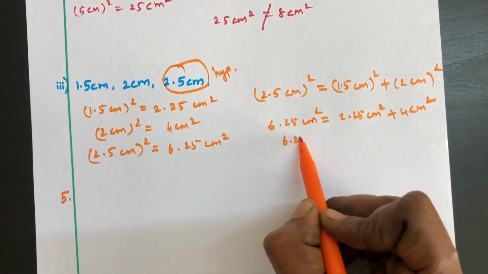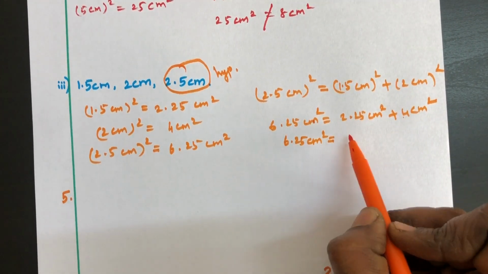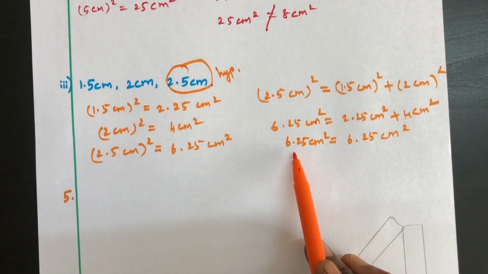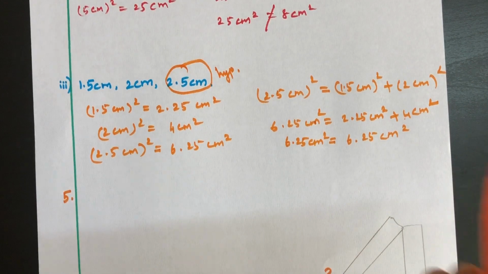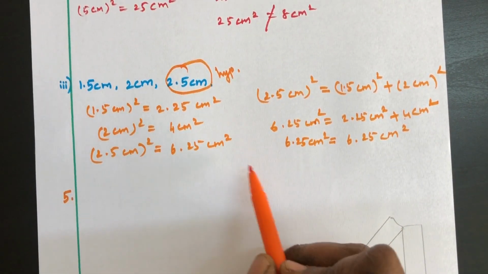This is 6.25 centimeter square. So both sides are equal. See, hypotenuse square is equal to the sum of the squares of the lengths of the other two sides. So it is a right angled triangle with the hypotenuse 2.5 centimeter.